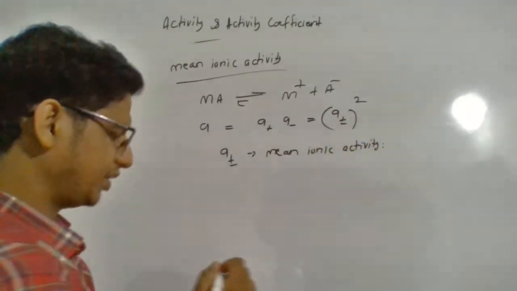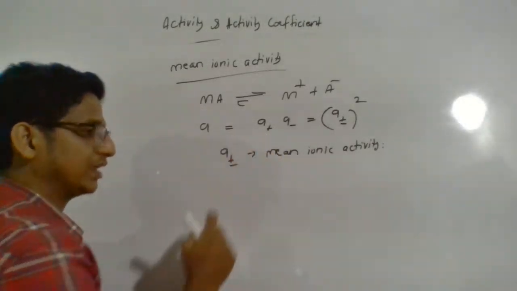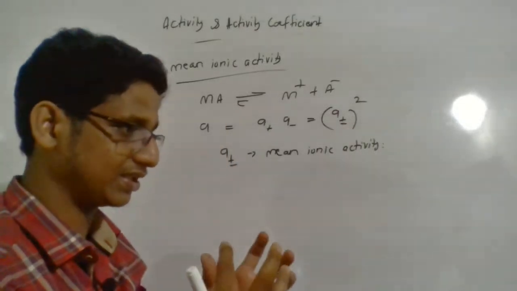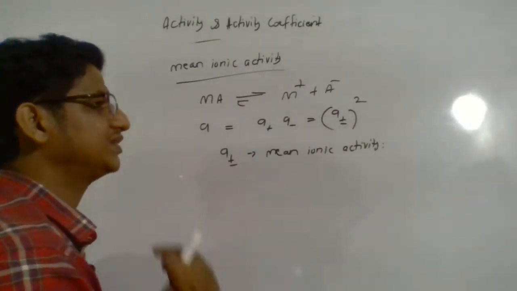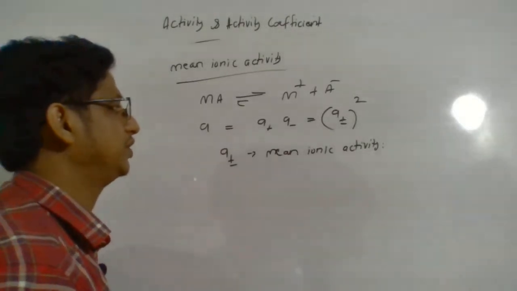Now, why is this introduced? Because it's very difficult to find the activity of a particular component. So we use this mean ionic activity, considering the ionic activity of these cations and anions. We introduce a new term.